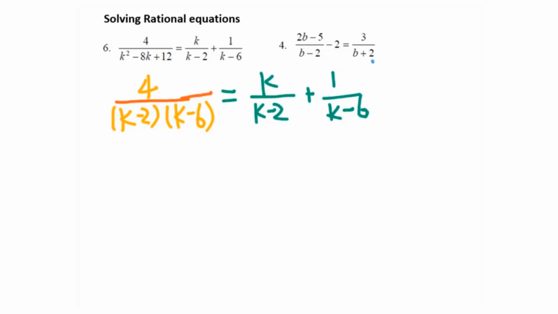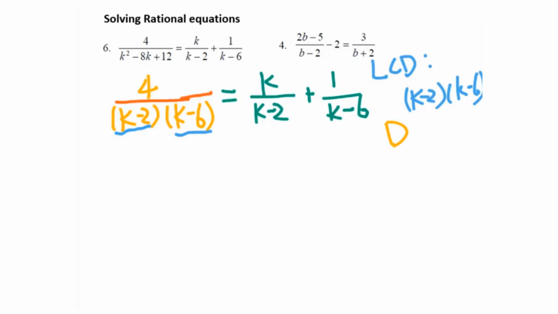Now check LCD. Just check the factors, how many factors you have. You have k minus 2 and a k minus 6. Therefore, LCD will be k minus 2 times k minus 6.